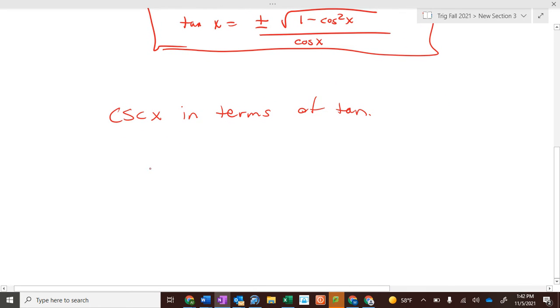So I know that cosecant squared of x equals cotangent squared of x plus 1. Is there an easy way to turn tangent into cotangent, cotangent into tangent? Yes. By taking 1 over tangent squared of x, plus 1.